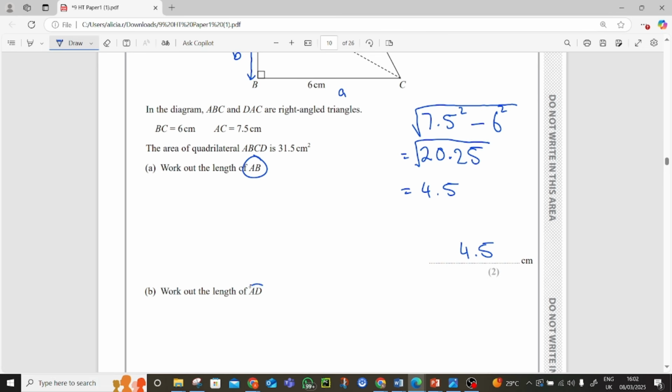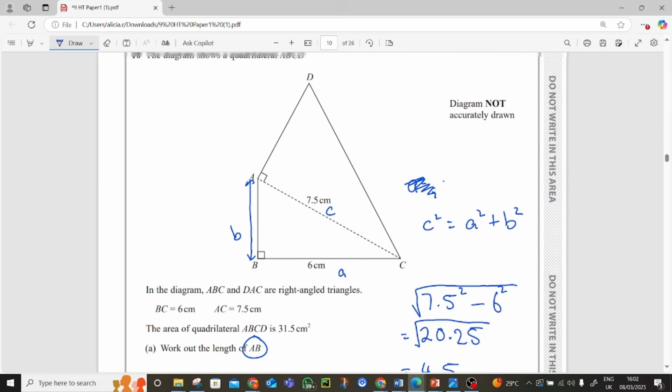Now the next question is to work out the length of AD. Let's go back and look at the shape. So AD is this distance here. And to get this, I'm going to have to use the fact that the area of the whole shape is 31.5.